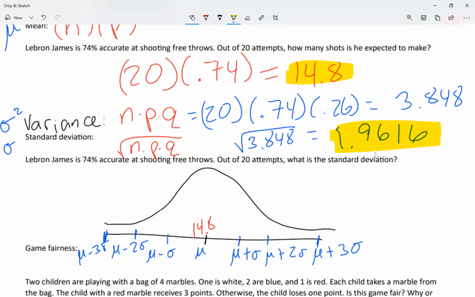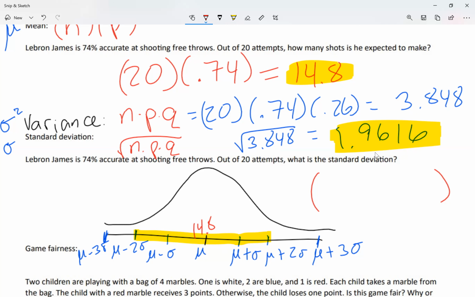So 95%. Okay, so I have to go this bracket, mu minus 2 sigma to mu plus 2 sigma. So let me have my bracket. For my first number, I'm going to start with 14.8 and subtract 1.9616 twice, because it's mu minus 2 standard deviations.